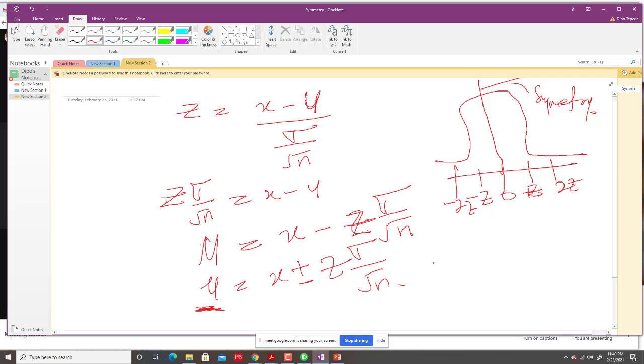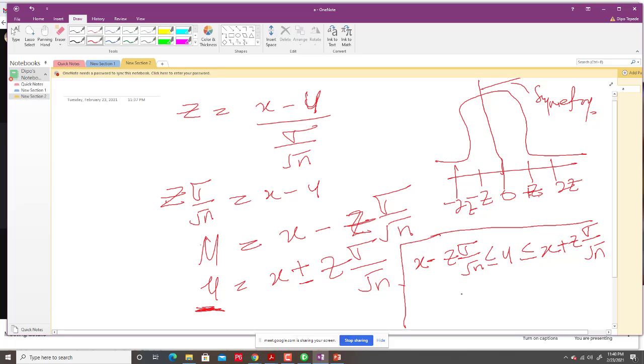The population mean will be x minus Z sigma over square root of n less than or equal to mu less than or equal to x plus Z sigma over square root of n. This is how we can estimate the population mean from a sample.